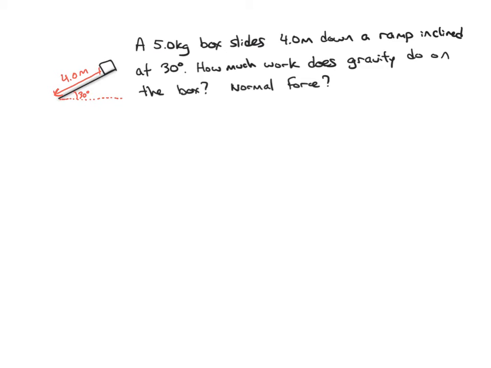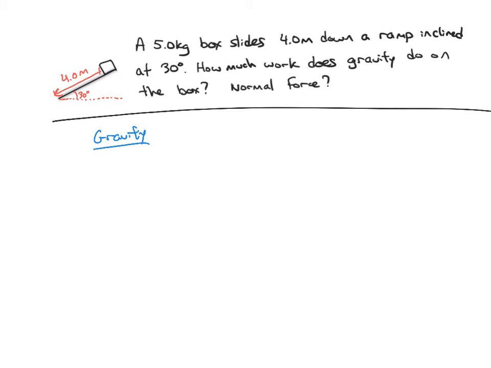Now I'm going to focus on gravity. The work done by gravity, W subscript G, I'll call it, using the formula for work, will be the magnitude of the force of gravity times the magnitude of the displacement times the cosine of the angle between the force of gravity and displacement. To figure out the angle, I'm going to be a bit more careful here.